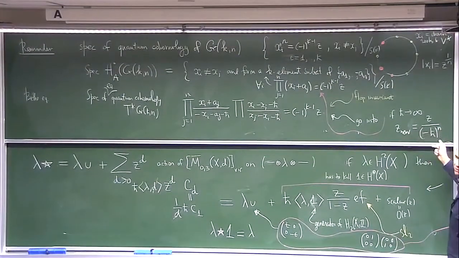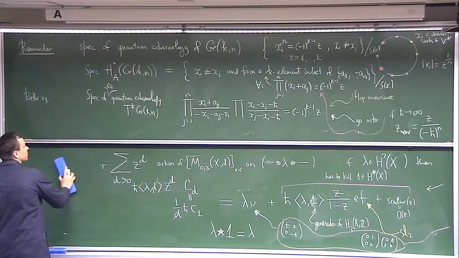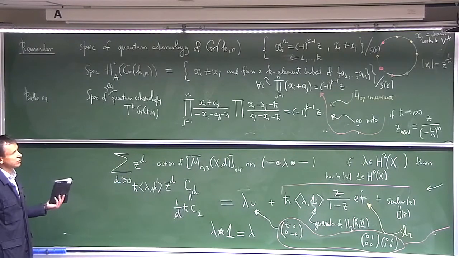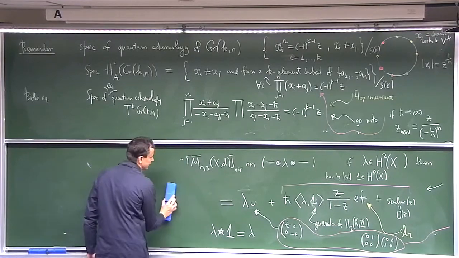And why is this the correct thing to take? It is because of the computation: how do I recover quantum cohomology of Grassmannian itself from the quantum cohomology of the cotangent bundle? I can localize with respect to h bar.